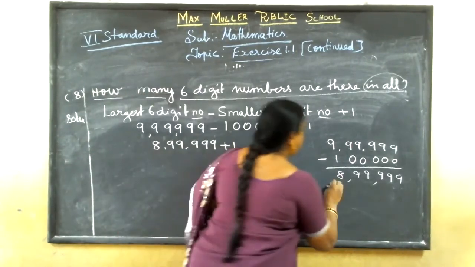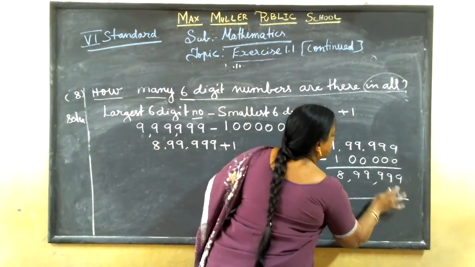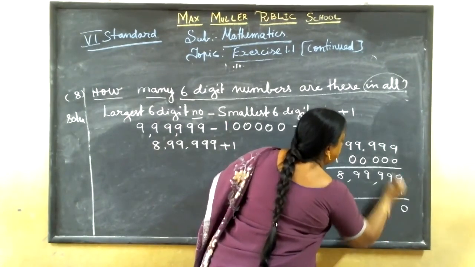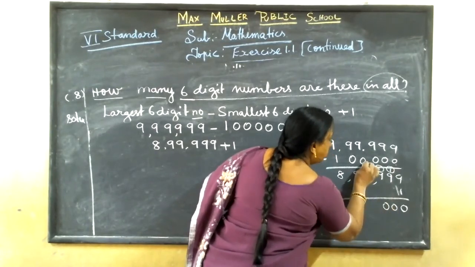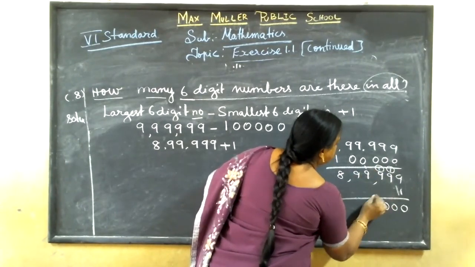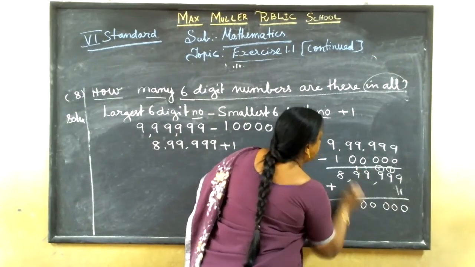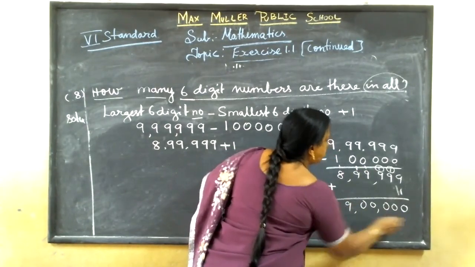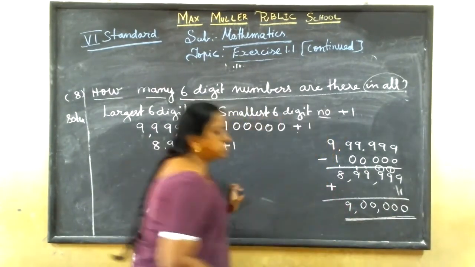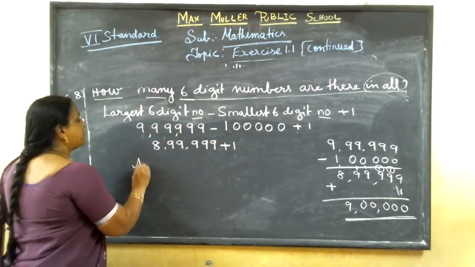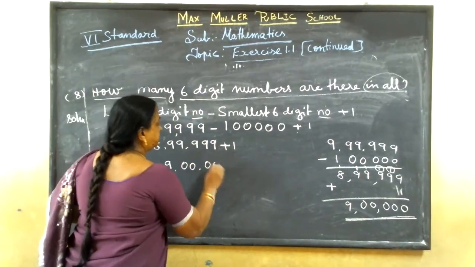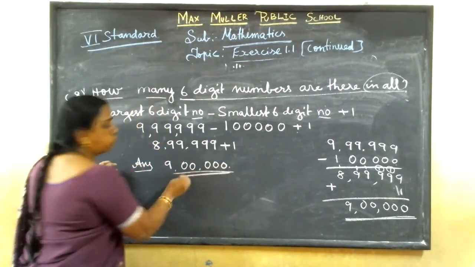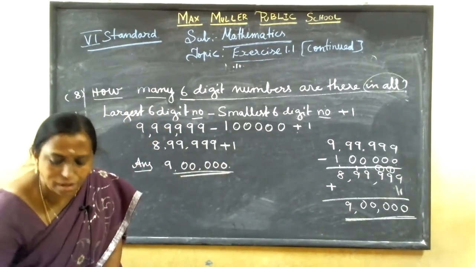If you add 1, 9 plus 1, 10, 1 carry, 10, 1 carry, 10, 1 carry, 0, 10, 1 carry, 1, 9. So how much you got is 9 lakhs. So totally how many 6-digit numbers are there? 9 lakh 6-digit numbers are there.